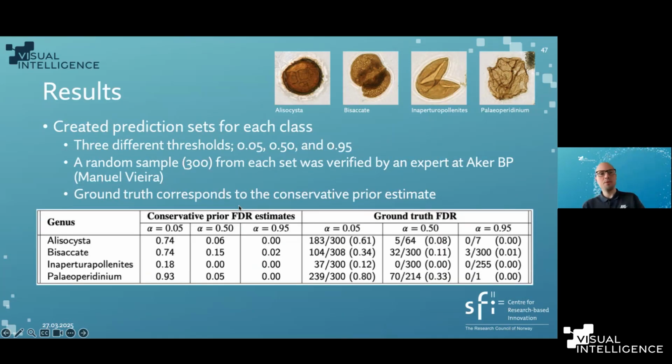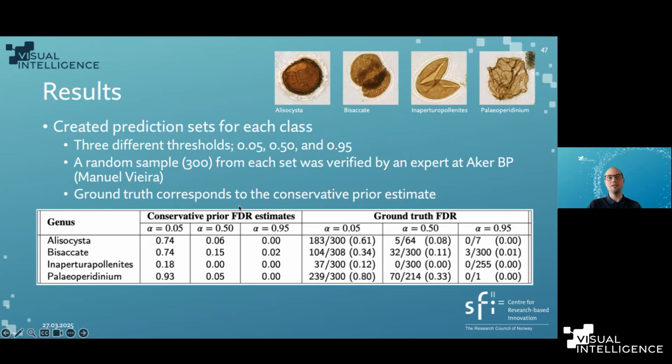To assess our method, we create prediction sets for each class for 3 different thresholds: alpha equal to 0.05, 0.50, 0.95.